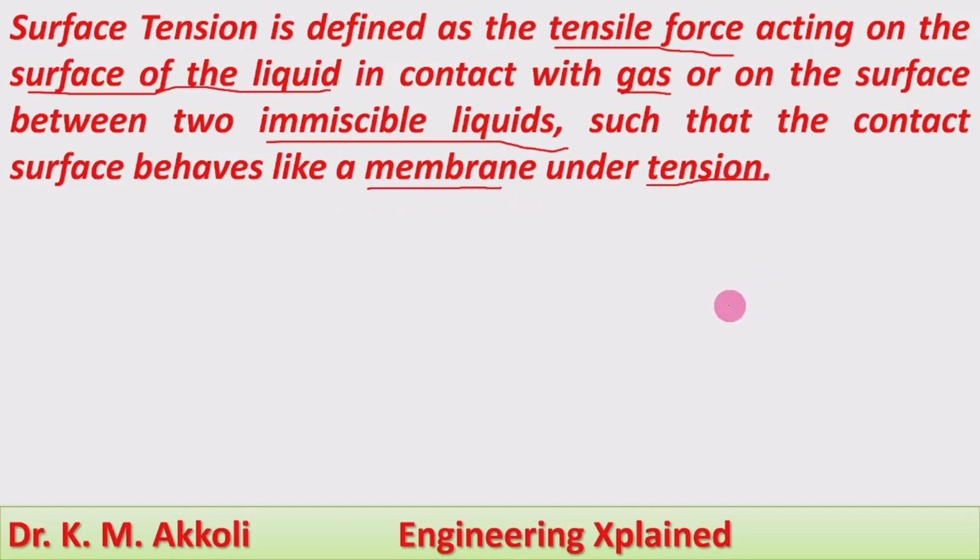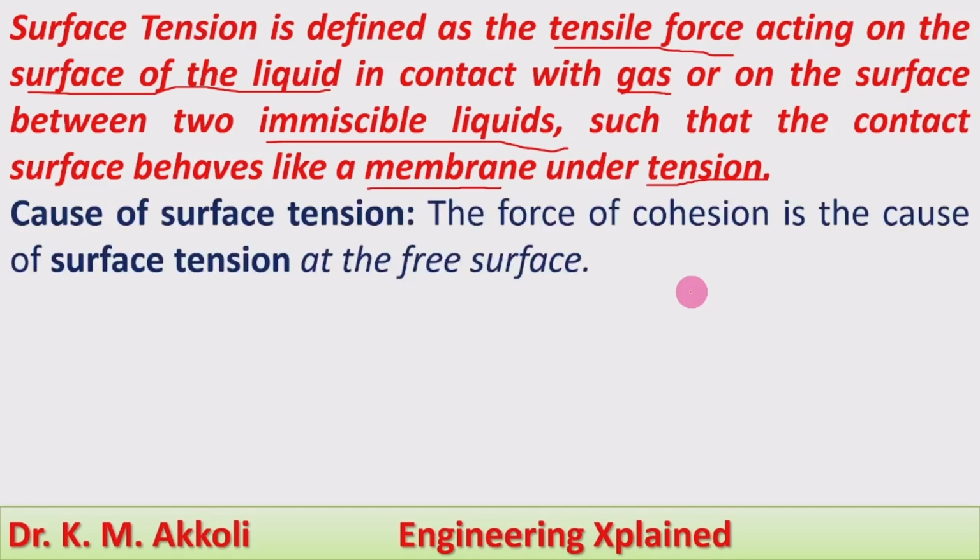At the free surface of the liquid, where the surrounding gas comes in contact, and where two liquids come in contact, there is a tensile force acting, and that tensile force we call surface tension. How that tensile force acts, we will explain further.